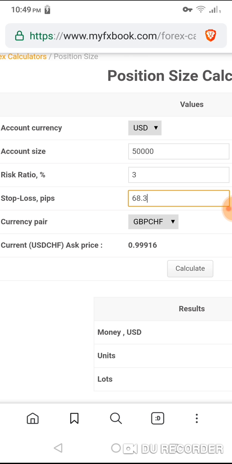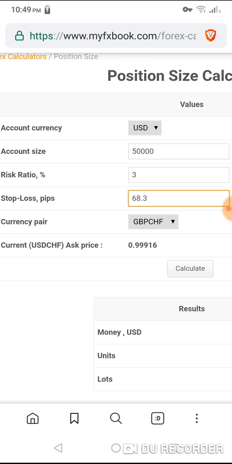Again, currency, US dollar, account size, the size of the account that you are working with, whether it's, like I said, $500, $1,000, $3,000, or $50,000 if you're working with your demo account, or $100,000. Your risk ratio is how much risk you want to take. 3% is what we're being trained to do.